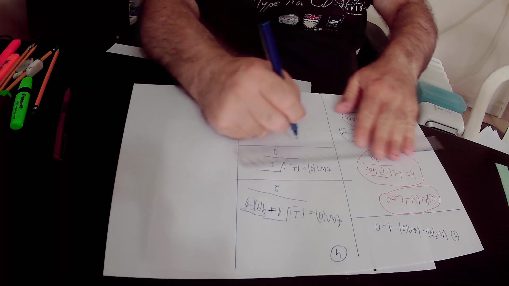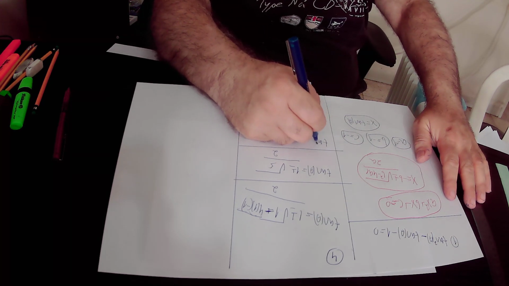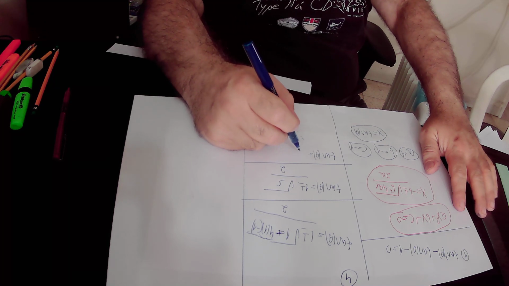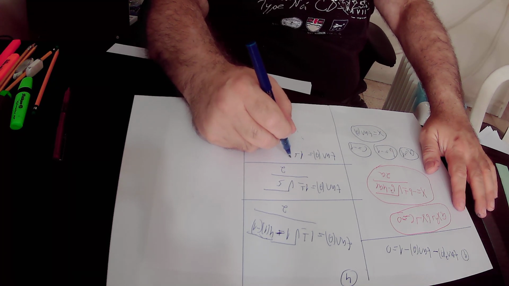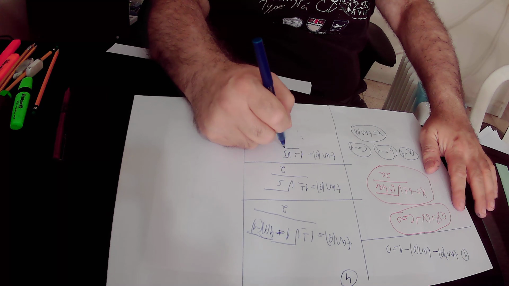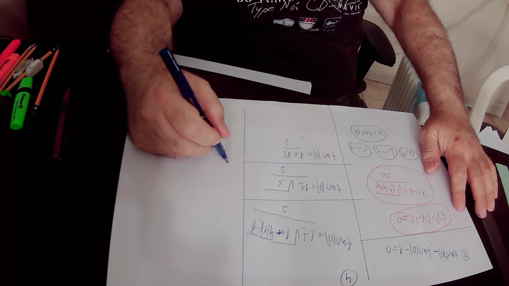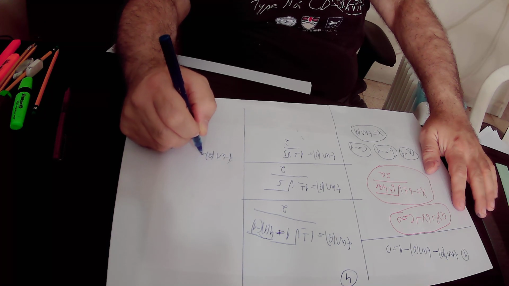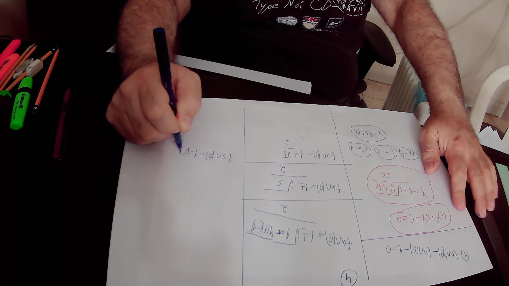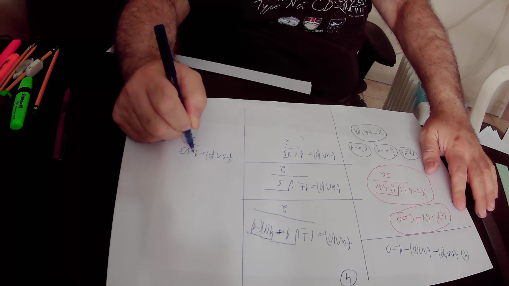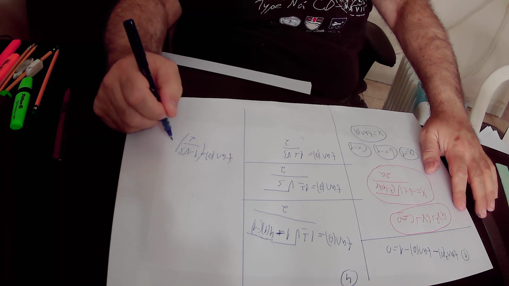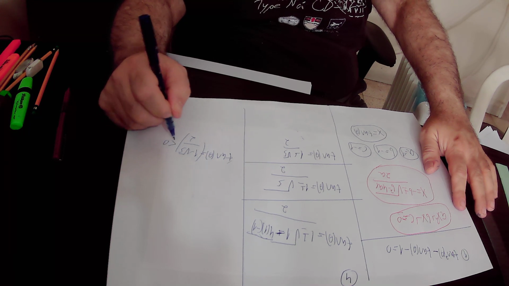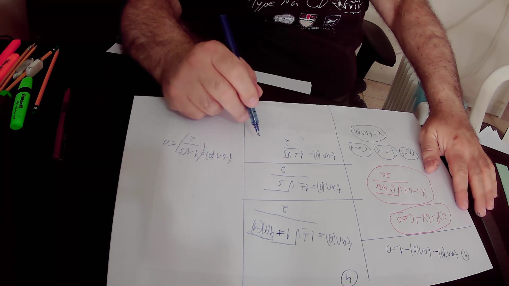The first solution is tangent theta equals 1 plus square root of 5 over 2, and the second solution is tangent theta equals 1 minus square root of 5 over 2. This solution is a negative solution, it is less than 0, and this is a positive solution.